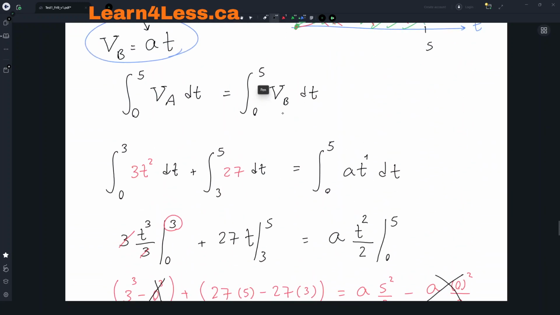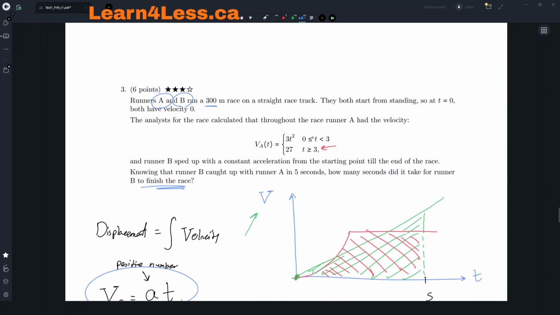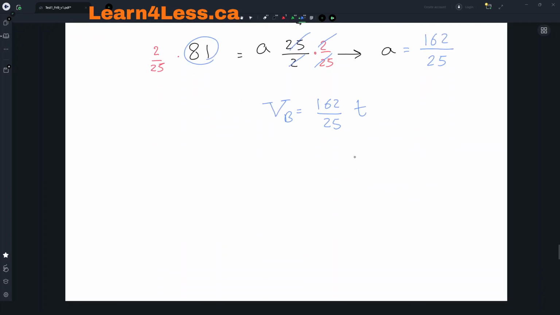What we wanted is how long it takes for runner B to finish the race. The entire race is 300 meters. So basically, to finish this race, each runner should displace 300 meters.